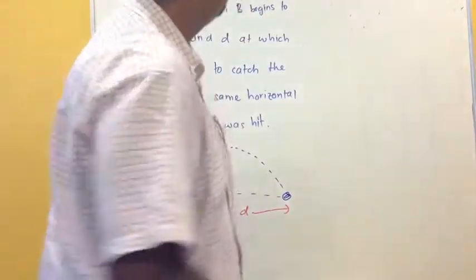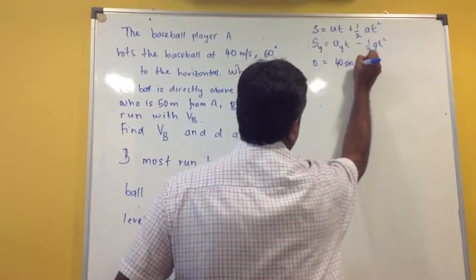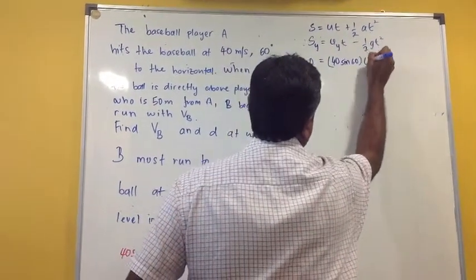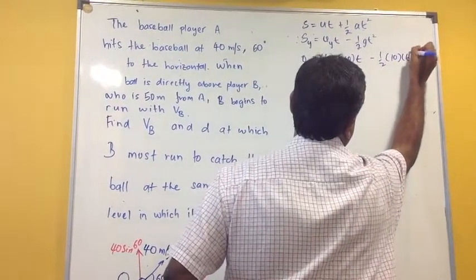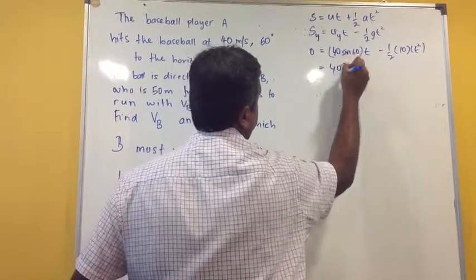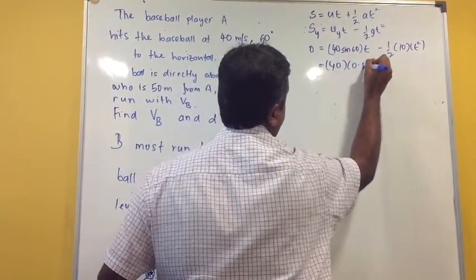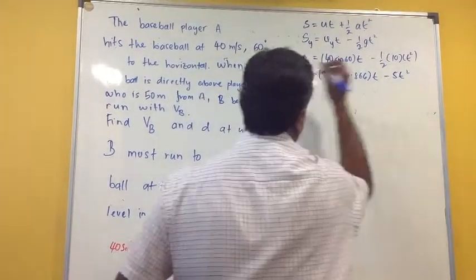So 0 equals 40 sine 60 t minus half times 10 t squared. This is 40 times 0.866 t minus 5 t squared.